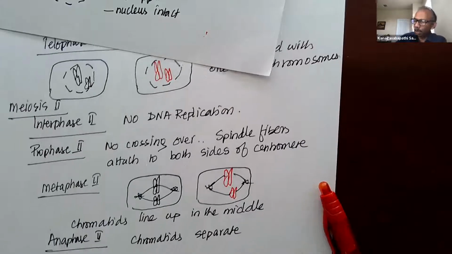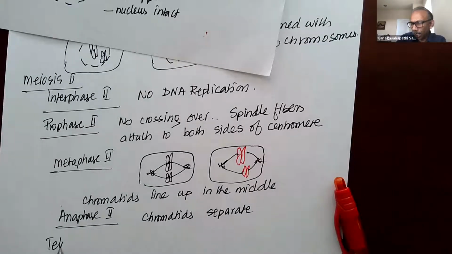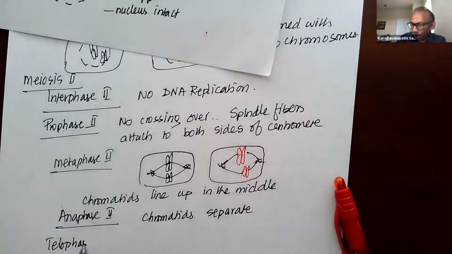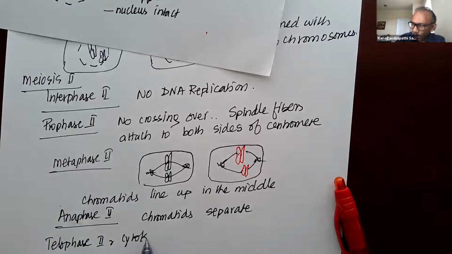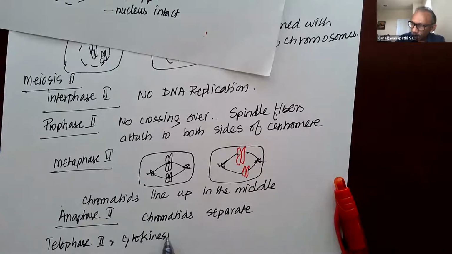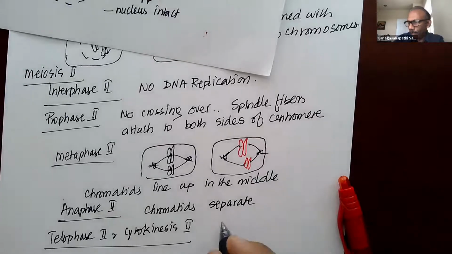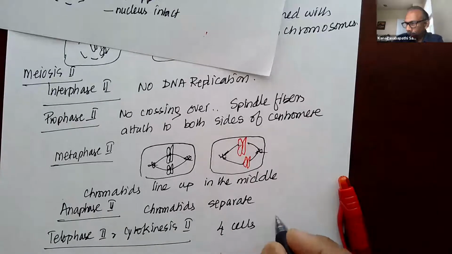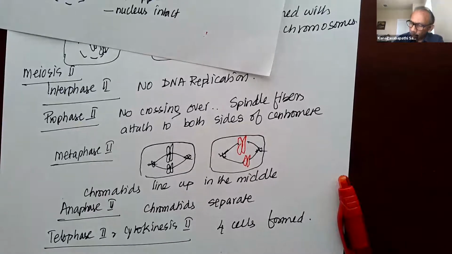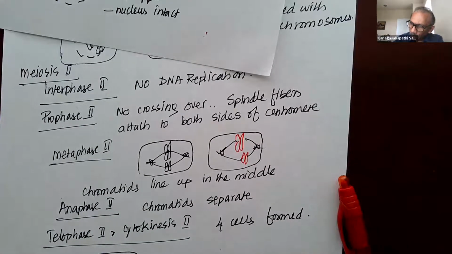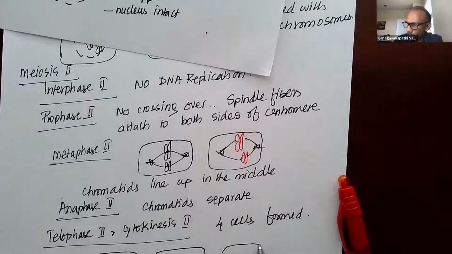And last but not the least, in telophase 2 and cytokinesis 2, or you can call it telophase and cytokinesis 2, you have 4 cells formed, and each of these cells will have one set of chromosomes and half the amount of DNA.